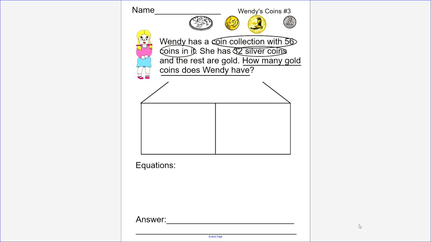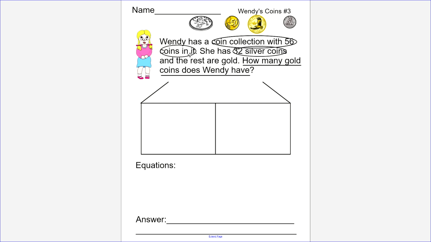Let's go ahead and look at the information they give us and the question. We're going to look at these pieces of information carefully. Look for key words and figure out which pieces of information are the amounts or parts in this put together problem and which piece of information is the total. Look at this first piece of information, coin collection with 56 coins in it.